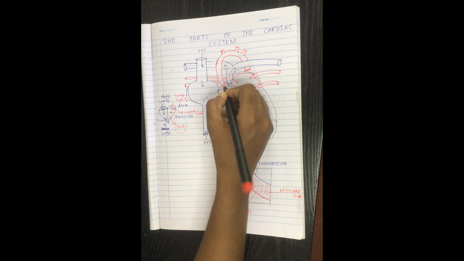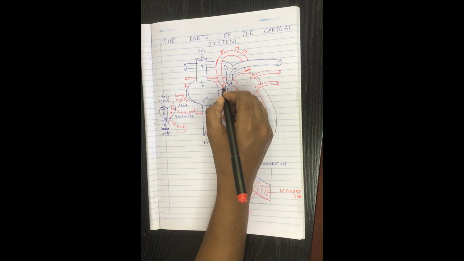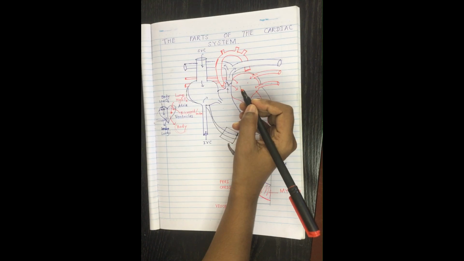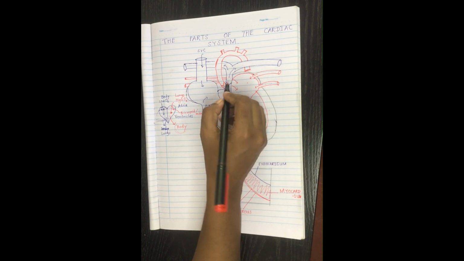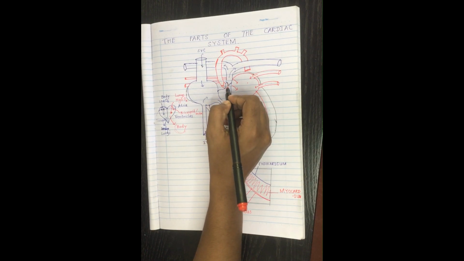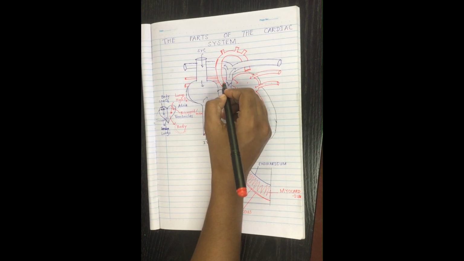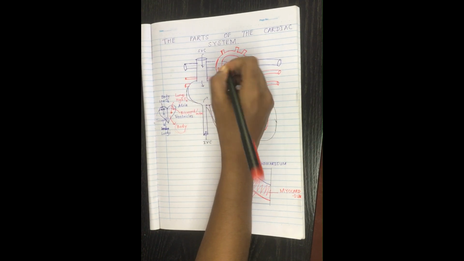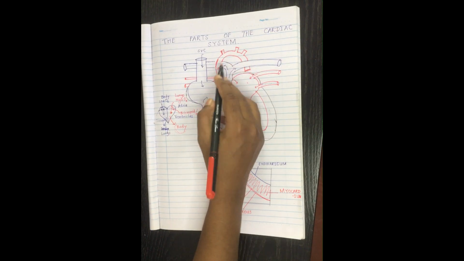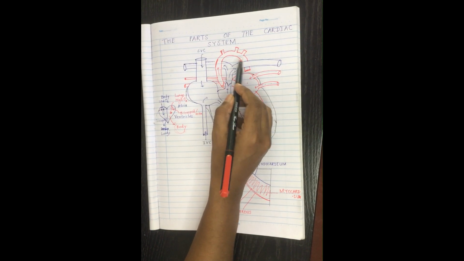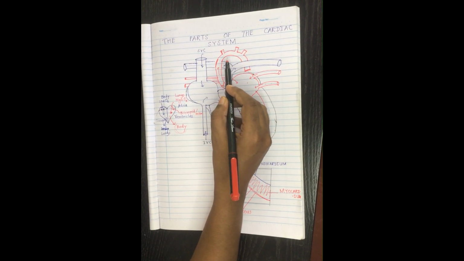Here also you can see the valves. The valves are called aortic, can you guess? Lunar valve. Very good. Here we call it pulmonary lunar valves, and here we call it aortic lunar valves. So it enters this aorta, and this part is like an arch, right? We call this part the aortic arch.